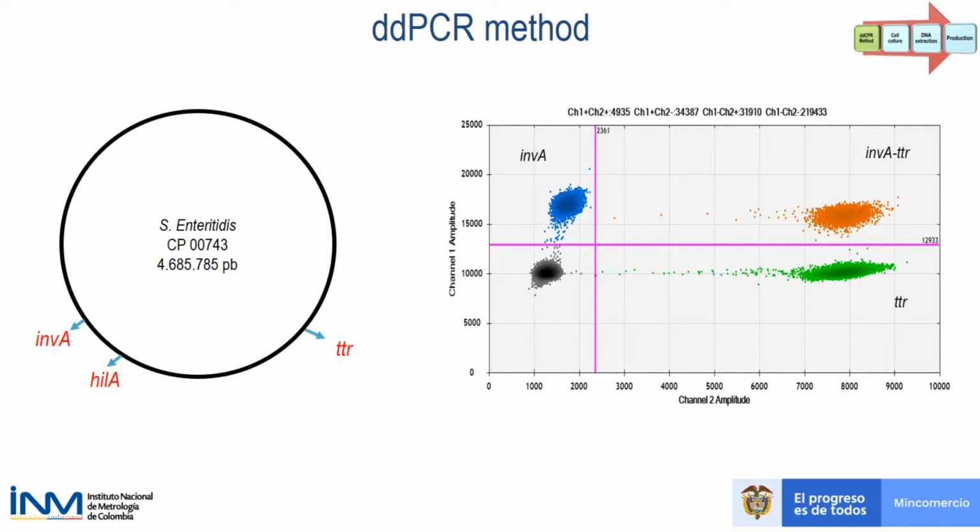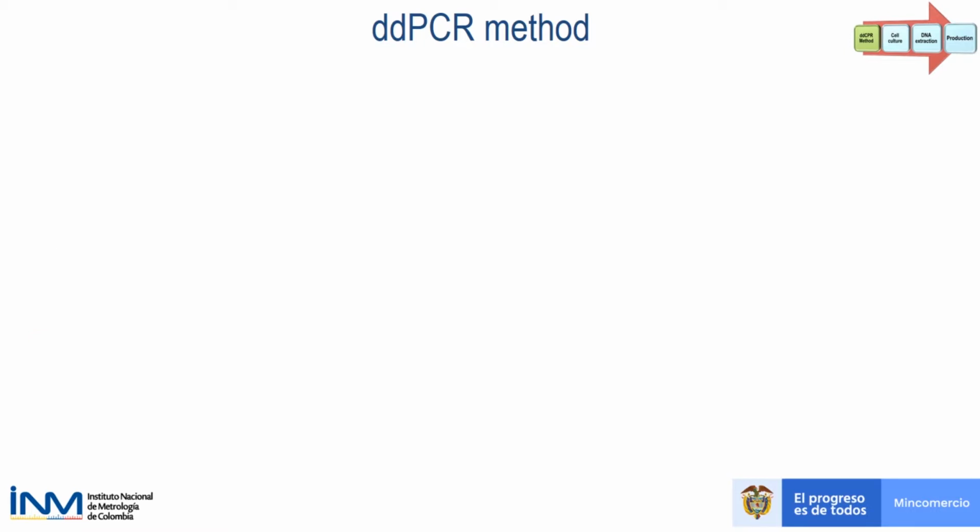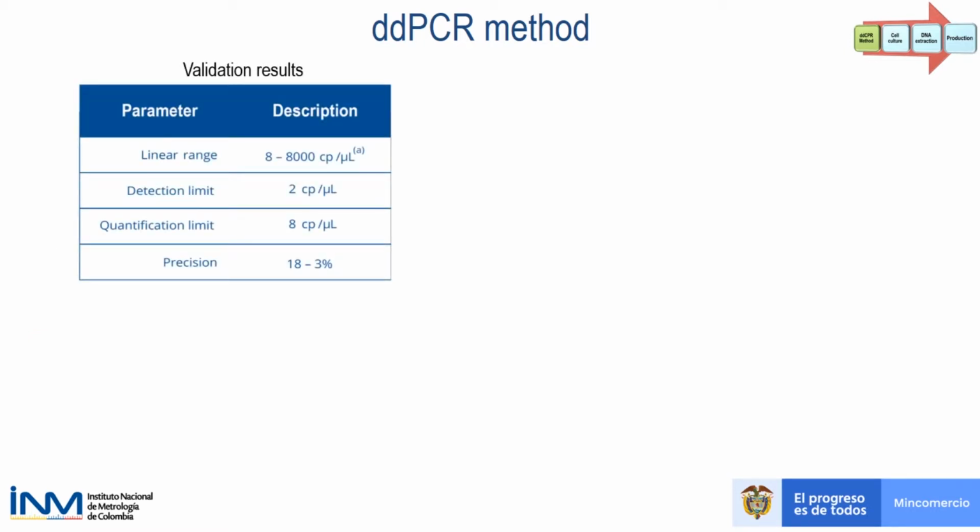Taking advantage of the duplex reaction, the DNA characterization was performed with INVA and TTR sequences. The validated digital PCR method has a linear range between 8 and 8,000 copies per microliter in the reaction mix in the duplex form, as shown in the figure.